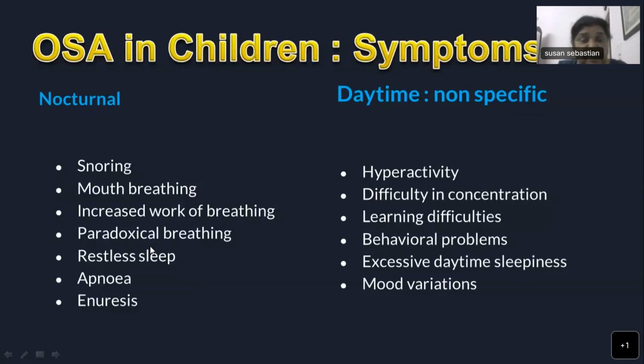But when the child comes to you with the snoring and mouth breathing and not able to sleep because the airway is blocked, the mother says he's not able to get his breath, then you ask about these histories also. So they all together point towards an obstructive sleep apnea in children.